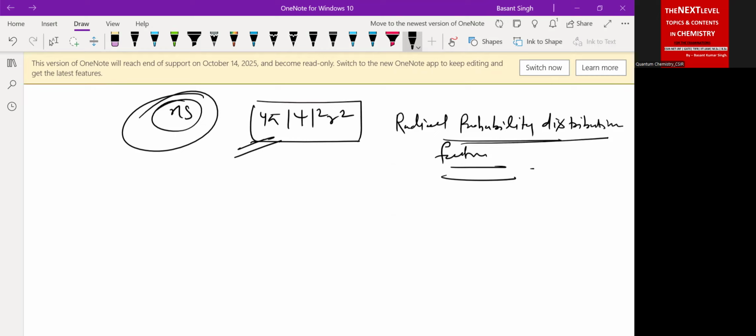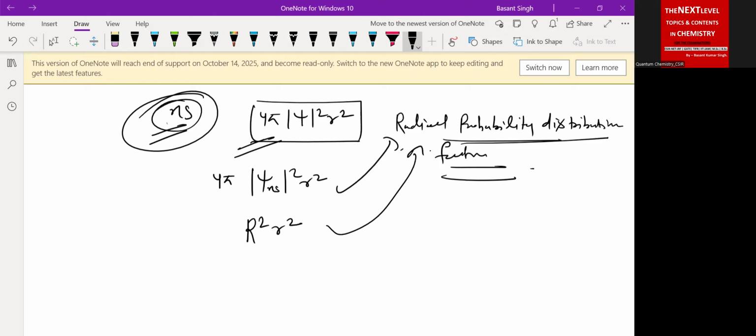If you take psi and multiply with 4 pi in case of ns state, then I can write 4 pi mod psi ns square r square. This is the radial probability distribution function, or r square, this is the radial distribution function. This is for all states, but this is for ns state only.